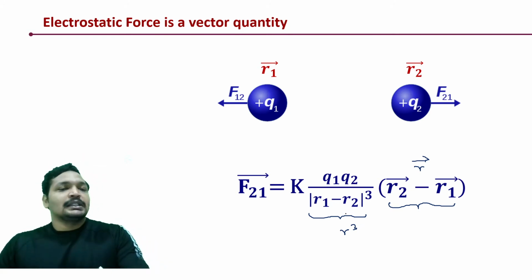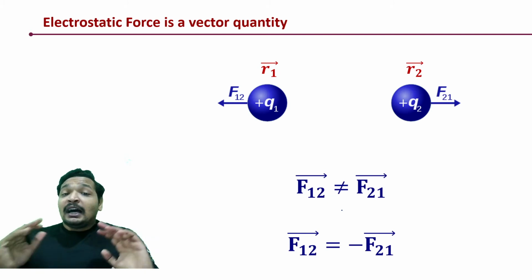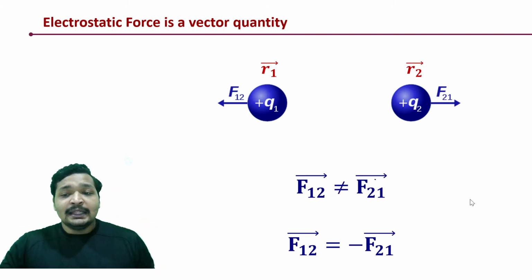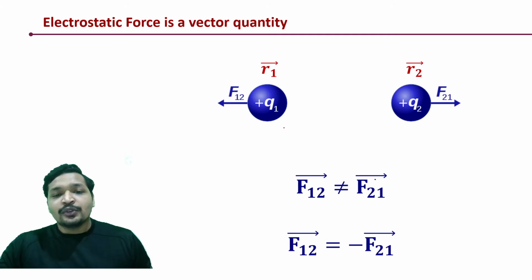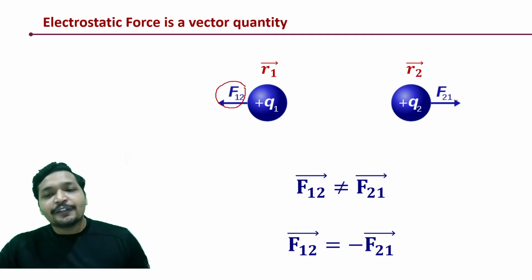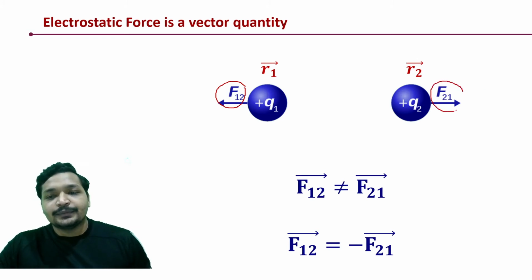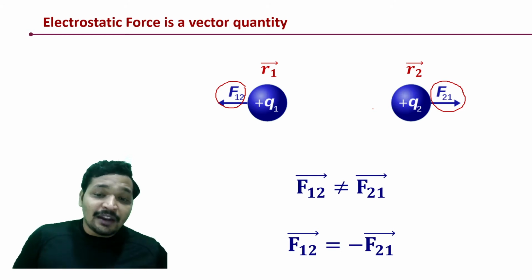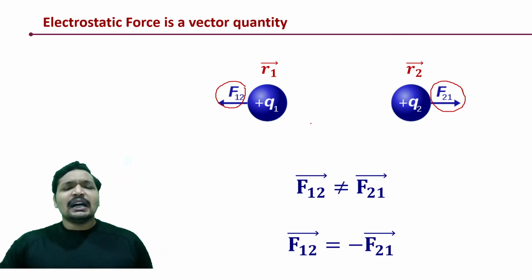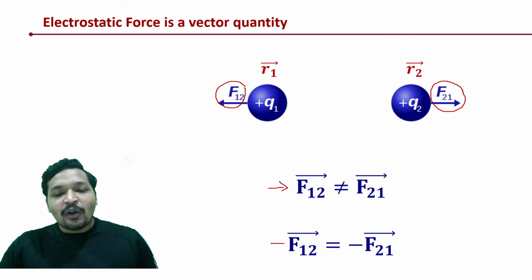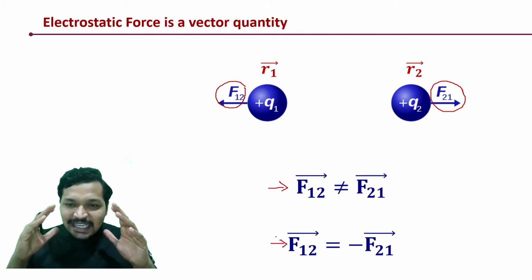As you know, force is a vector quantity, hence F12 is not equal to F21. We can't say F12 is equal to F21; rather they are in exactly opposite directions, with the same magnitude.